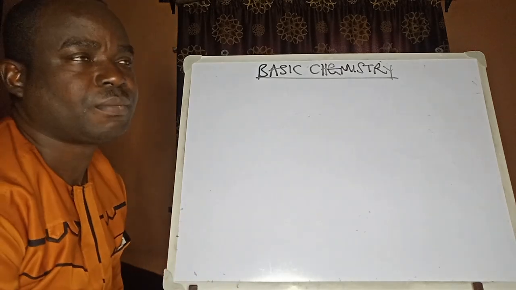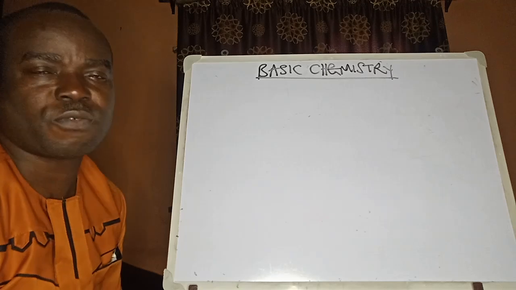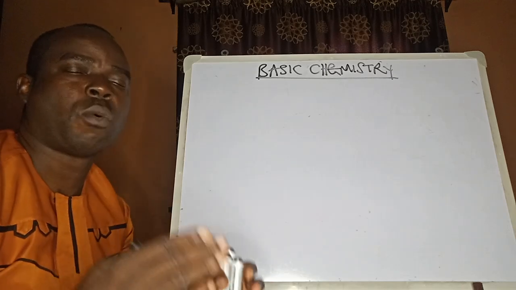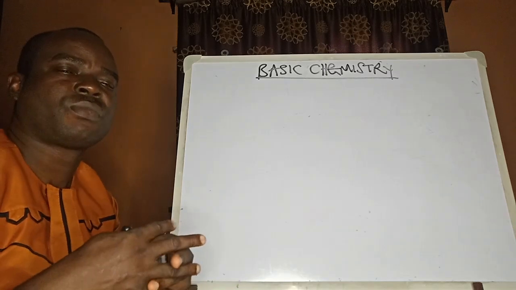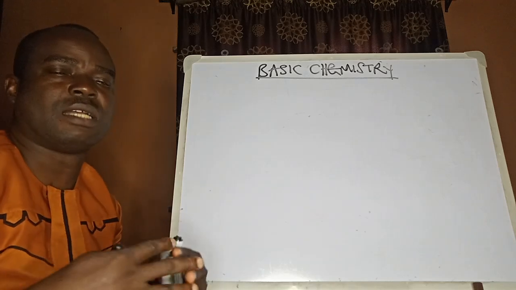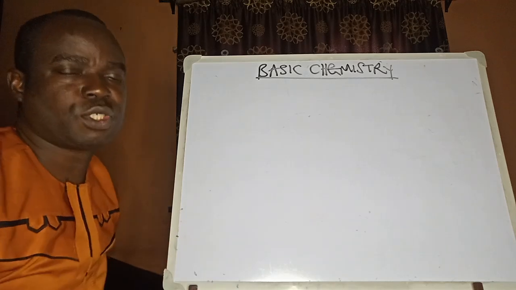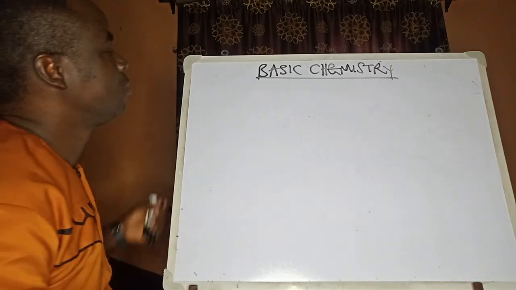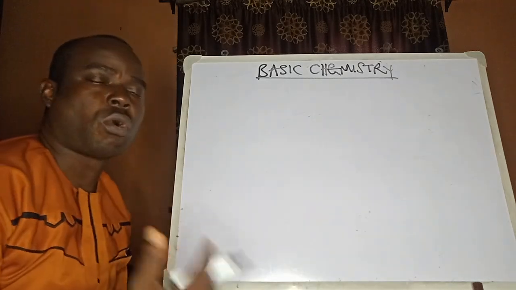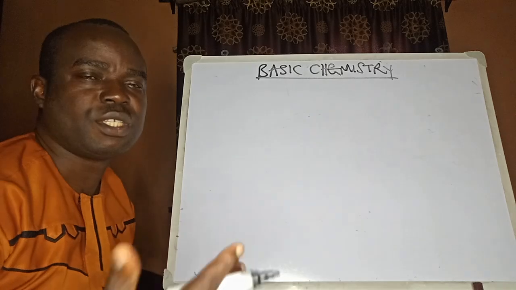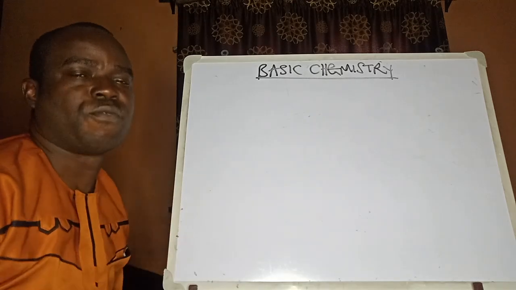Okay, let's begin. In this section of our study, I want us to talk about subshells and orbitals. At the end of the day, we'll now link it to what we call SPDF electronic configuration.